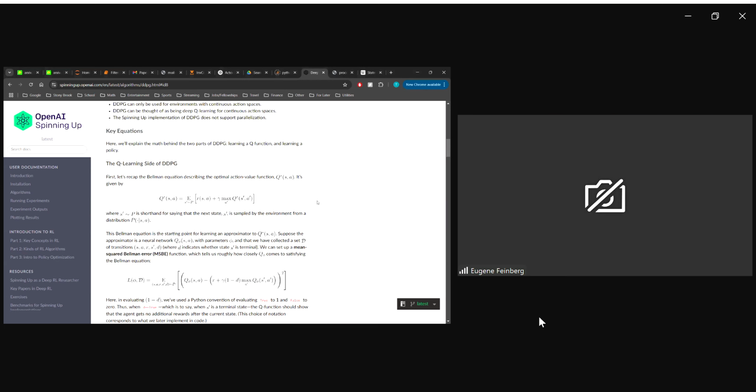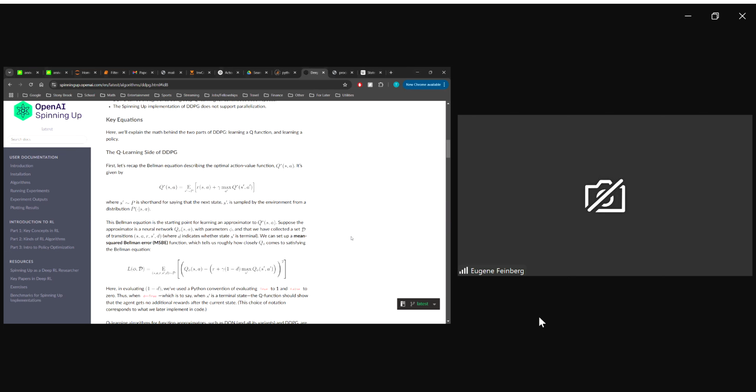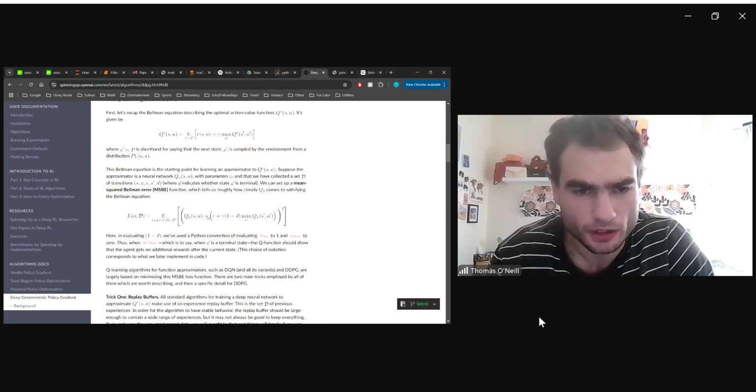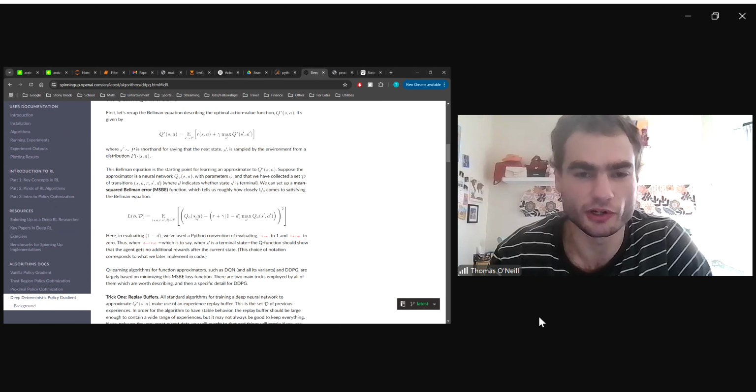This formula, for example, what is it? Is this some kind of error? That's the loss, right? It's the difference between the Q function of the current state and what we would expect it to be based on the Bellman equation.